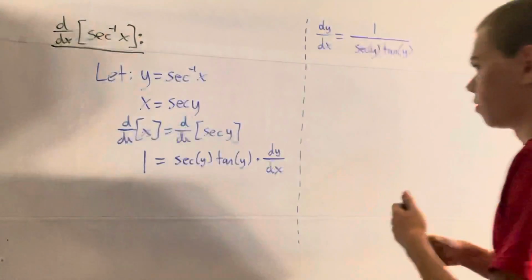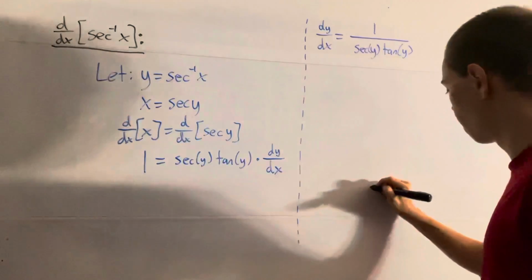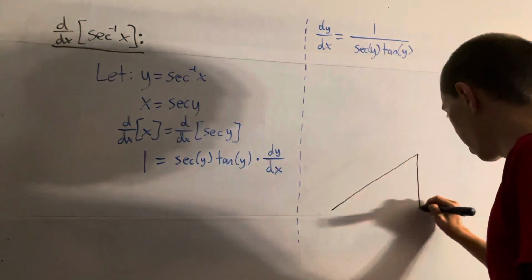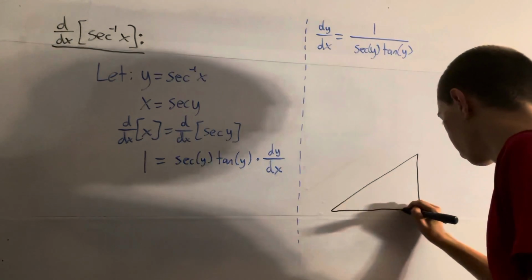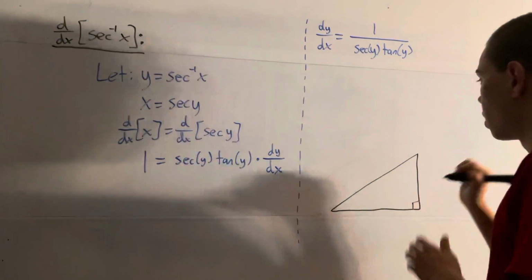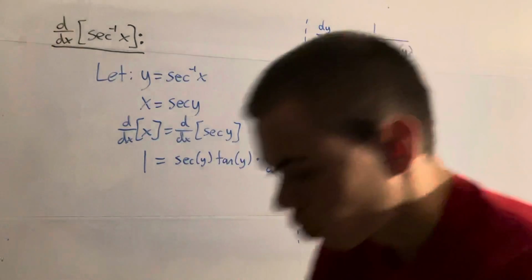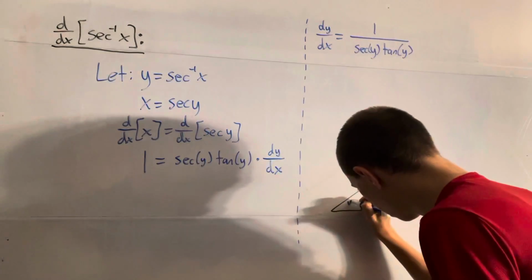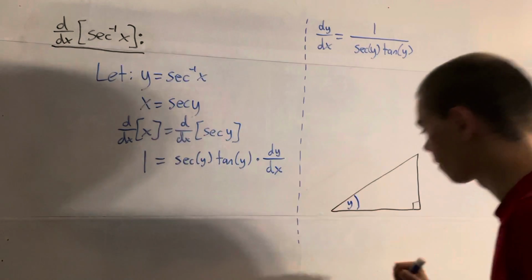I'm going to draw a triangle right here. This is our right triangle, and the angle y is right here.